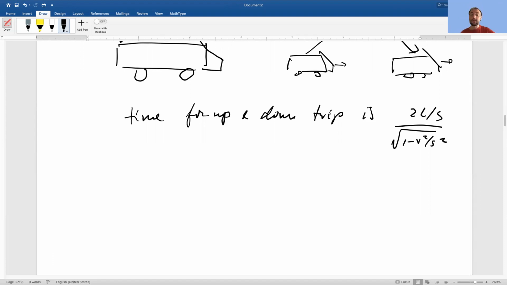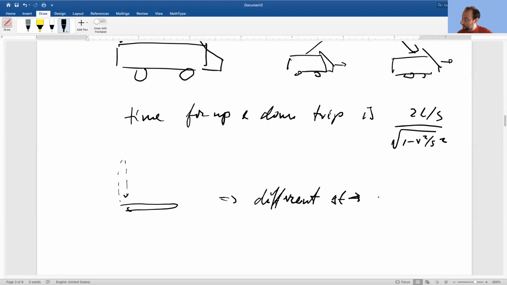And this phase difference would give rise to the interference phenomenon. I have this signal, and then I have the up and down signal, and then I would get different delta t. It means different phases, out of phase, which means interference.